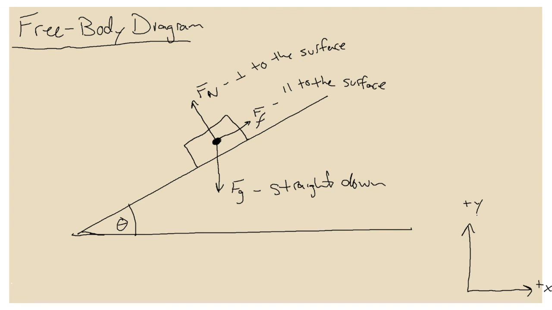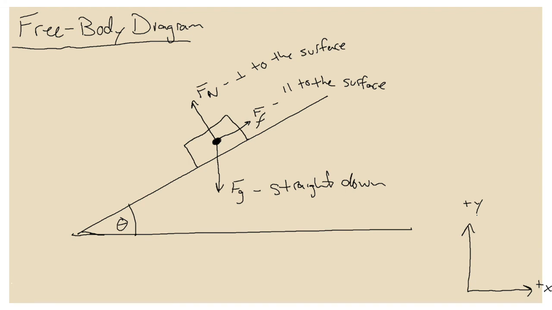It's acting at an angle relative to the y-axis, and the friction force is not acting along the positive x-axis. It's acting along the surface, and so really only part of it is acting along the x-axis, or really we would have to break it into components like we would have to for the normal force. And so we have a little bit of an issue on our hands, which is that we have three forces involved, and two of them do not act along the axis.